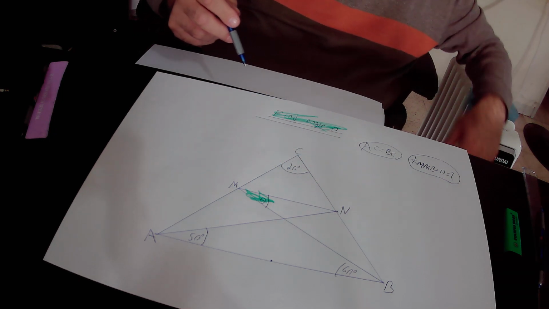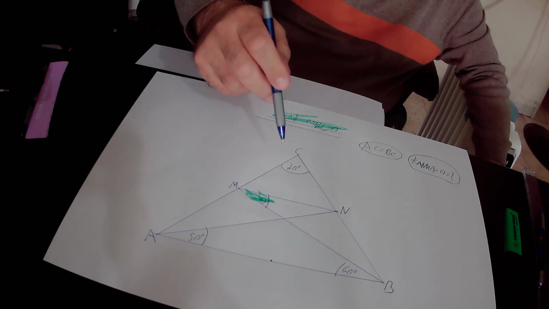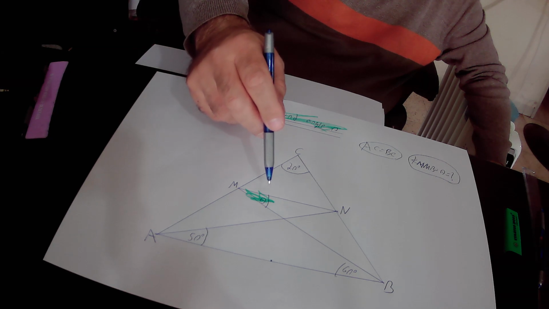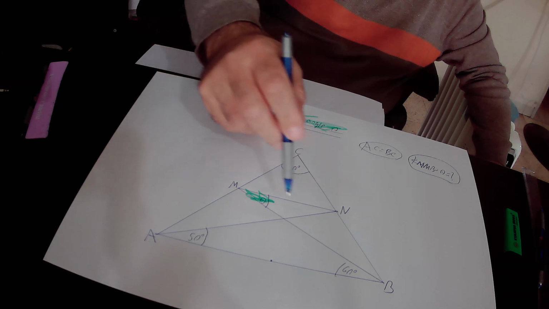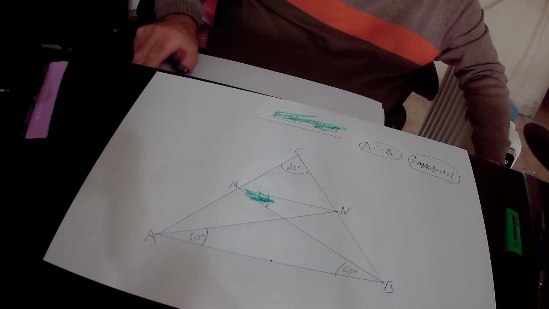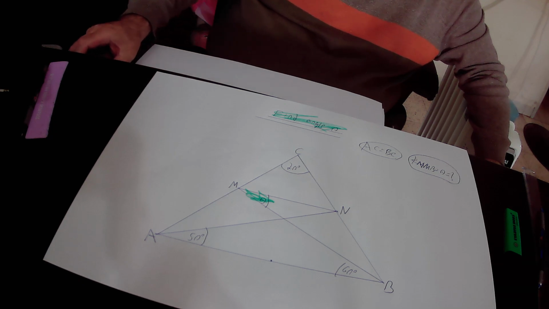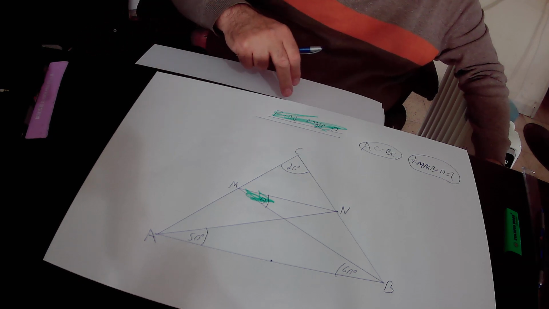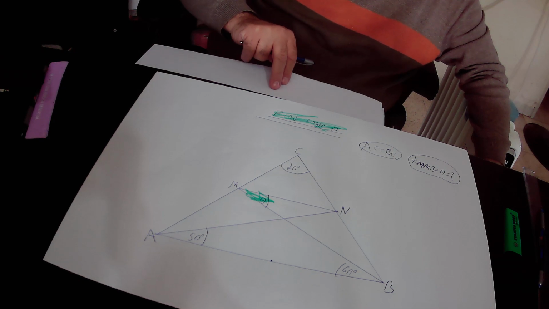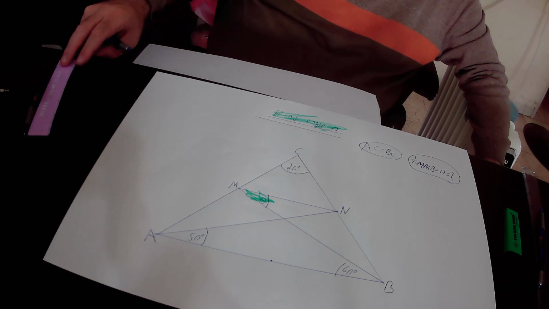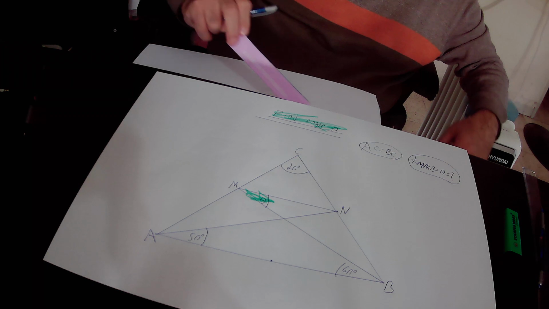Our mission is to find out the size of this angle theta, that is actually angle NMB. So first of all, we focus on the isosceles triangle ABC. We copy triangle ABC in a new page, and we'll analyze this triangle.